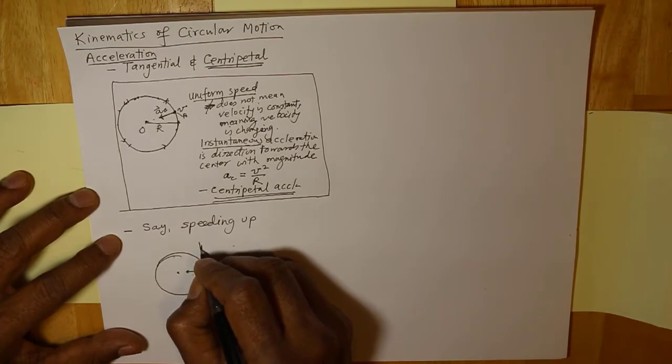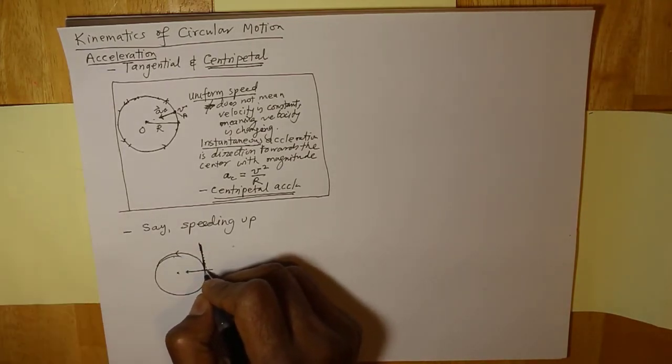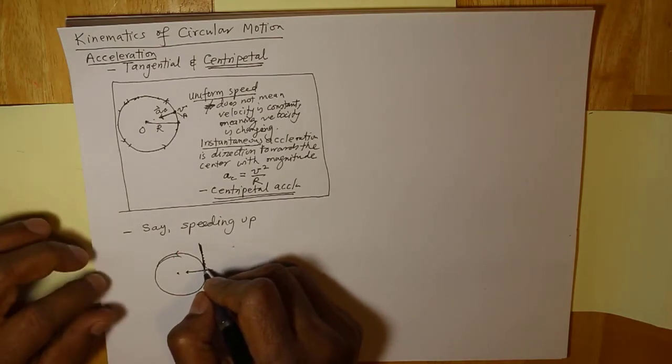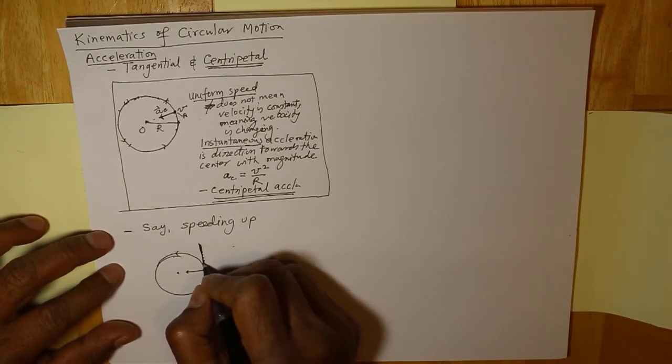This is the direction of the velocity, right? If it's going this way, this is the direction of velocity, and the velocity magnitude is picking up. If the velocity magnitude is getting larger, then acceleration will be in that direction.